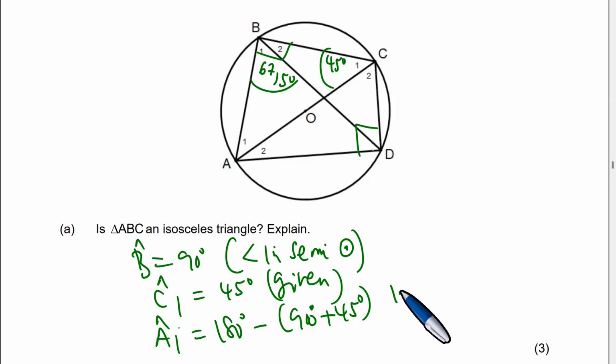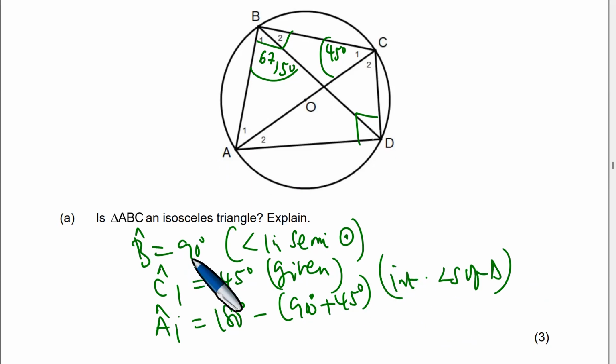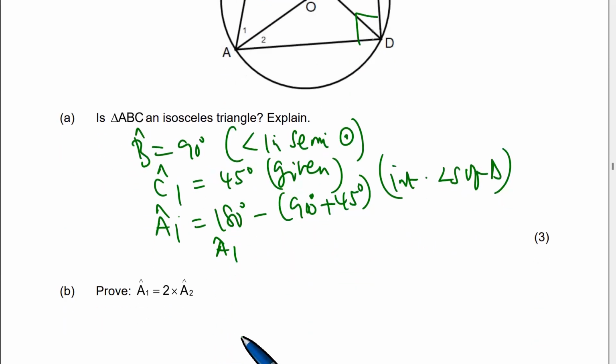This is true because of the interior angles of a triangle. And therefore, angle A1 is equal to 45 degrees.